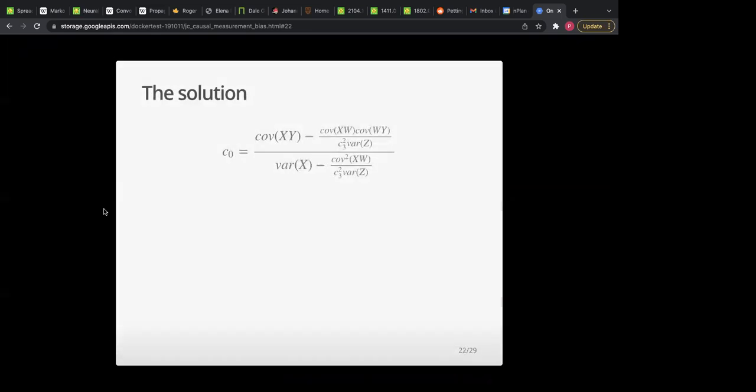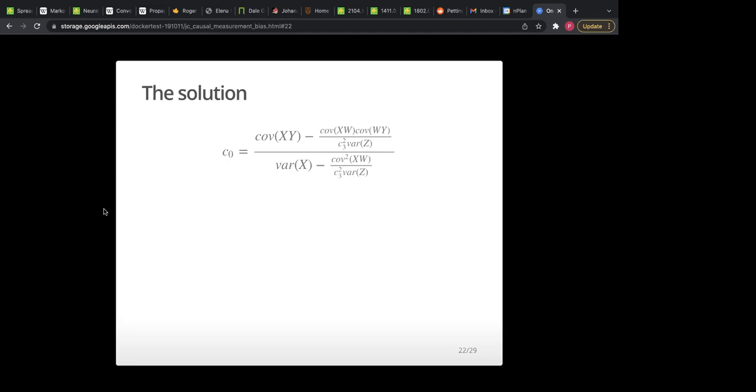Okay, next click, please. So if you solve it, you get this relationship. Essentially, if you have noise, then the second term, the term after the minus, is something. Otherwise, it would be the pure non-confounding case, right?